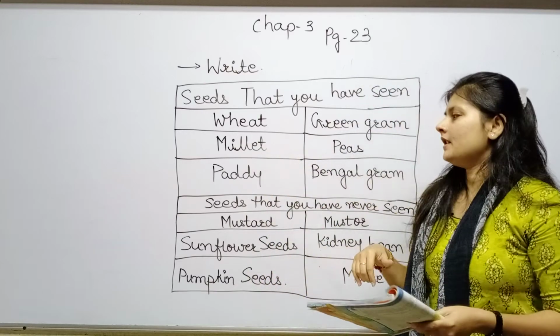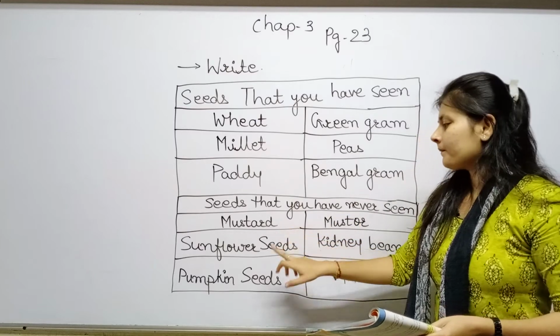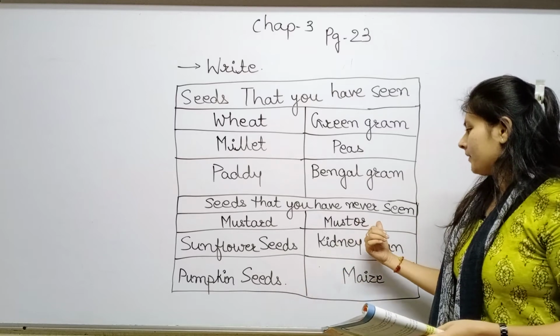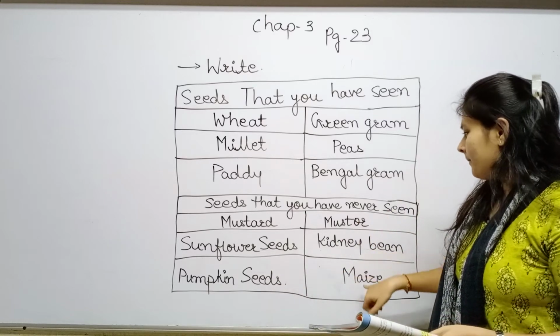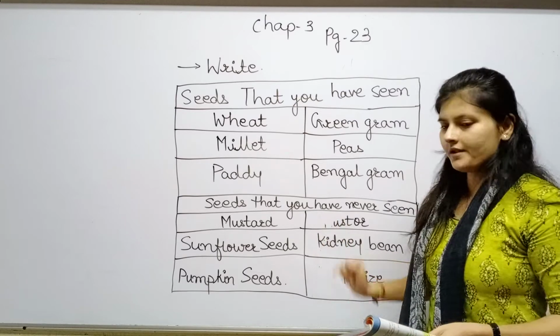But talking about the seeds which you have never seen, that is mustard seed, sunflower seeds, pumpkin seeds, and then kidney beans and maize. And the one that we are talking about is castor seeds, right.